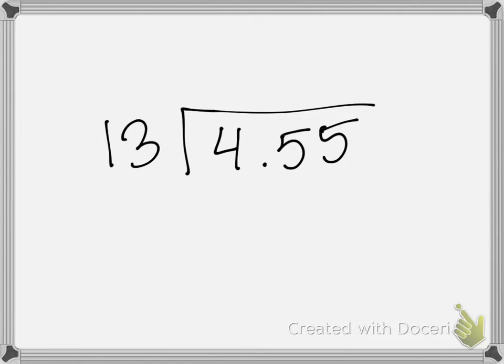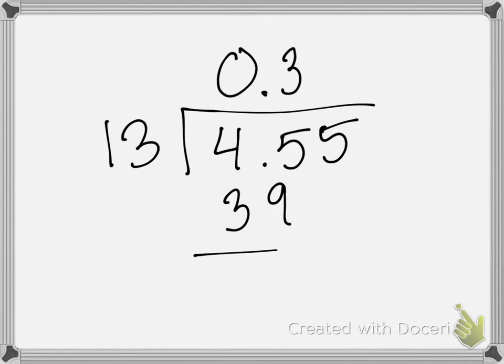So, how many times does 13 go into 4? It doesn't. How many times does 13 go into 45? Fingers up. 3. What's 13 times 3? 39.